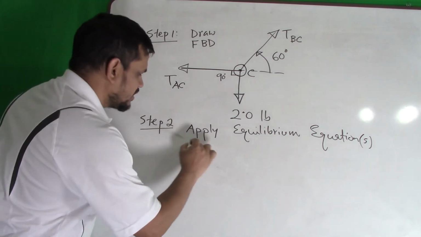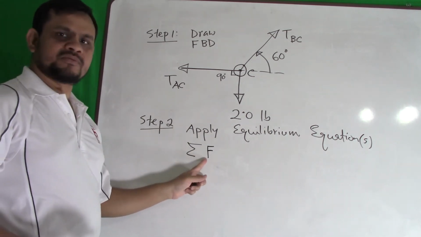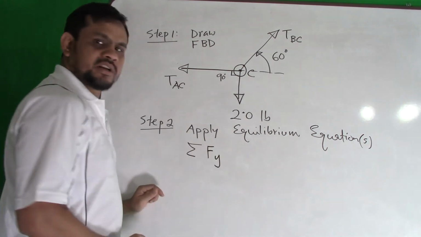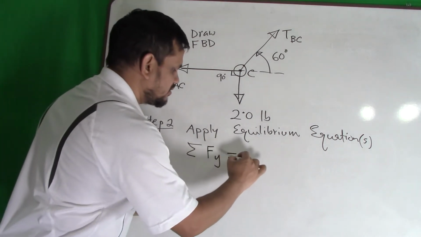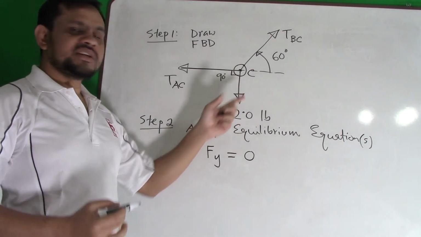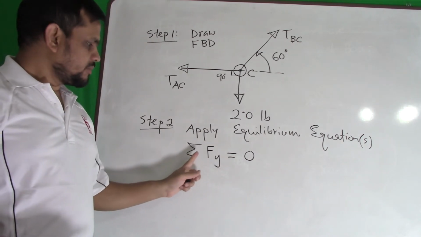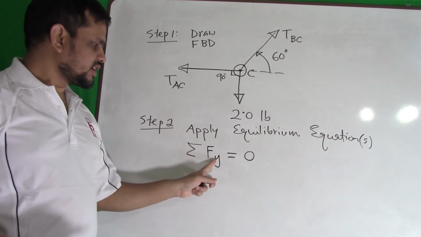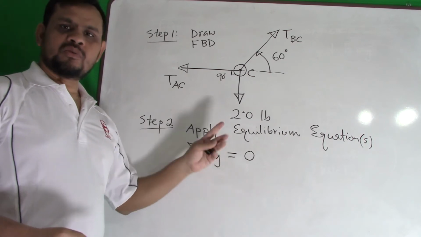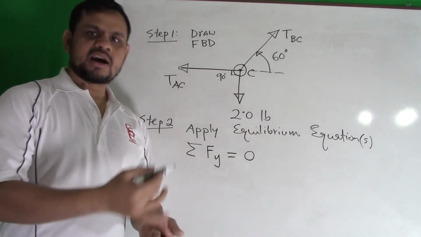So I will apply summation of force along the y direction equals 0. How do I know it equals 0? Because it is in equilibrium. When I sum up, I need to assume some sign convention.